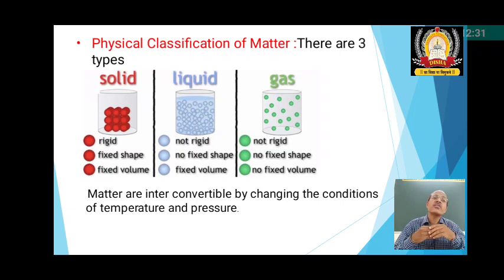But when it enters into 100 degree Celsius, it exists in the form of vapors or gaseous state. Again, when vapors of water are cooled, they become liquid droplets. And when these liquid droplets are placed in the refrigerator, you will get solid ice again. That means here they are purely interconvertible, only by changing the pressure and the temperature.